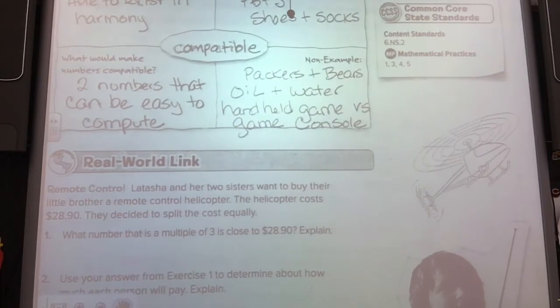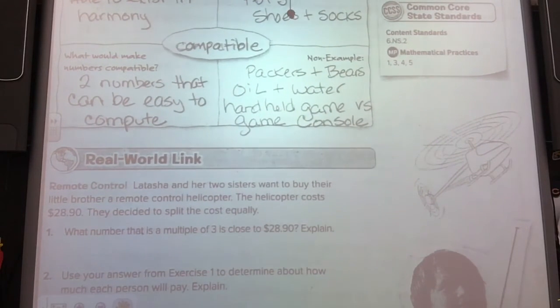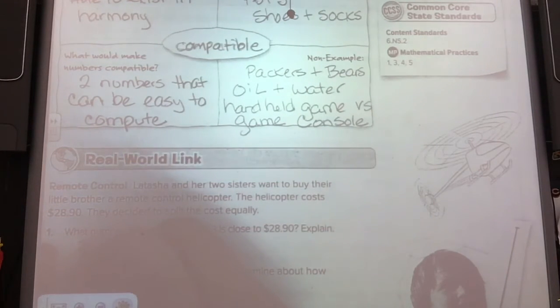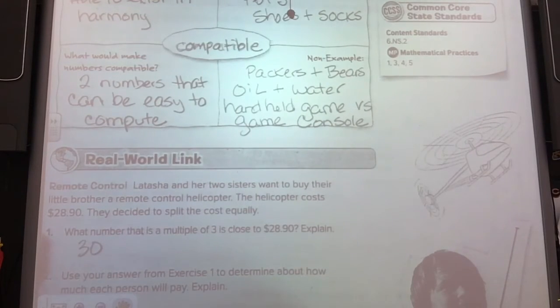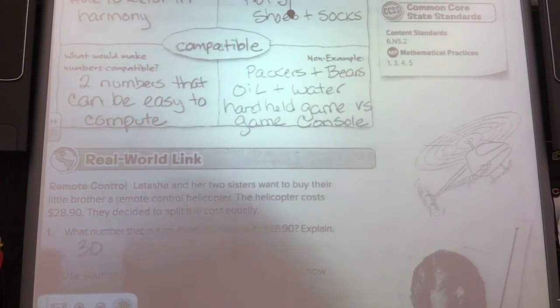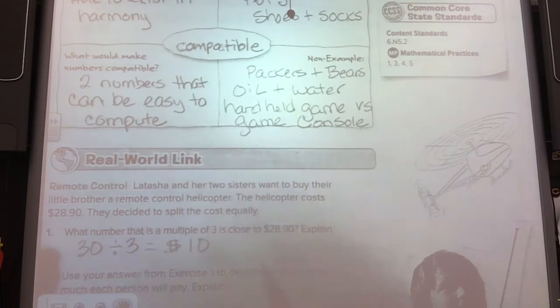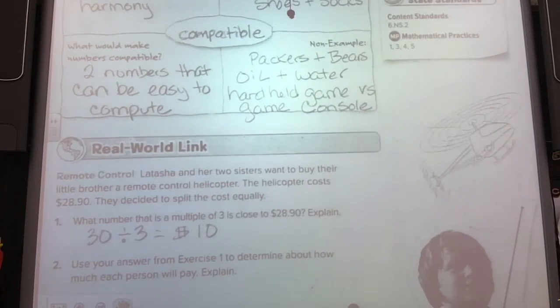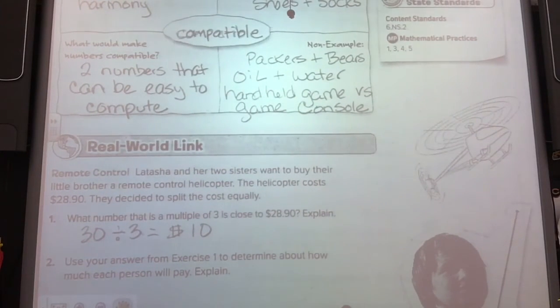So what could you say here? If they wanted to share the cost, we could round to something. $28.90 could round to something that's compatible with 3. Yeah, how about 30? Right? Because if you had 30 and you wanted to divide it by 3 people, each person would pay what? $10. All right? So 30 divided by 3 is $10.